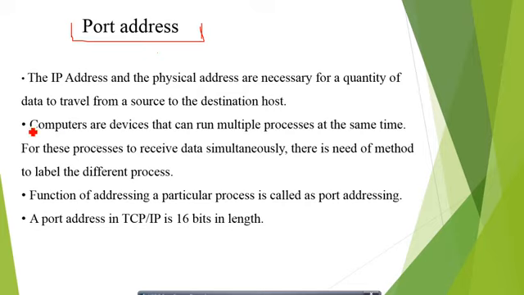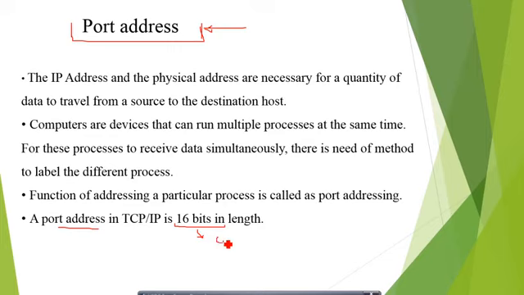That's why at the transport layer we call it process to process communication, because on one device there may be a number of processes running. Which particular port needs to be looked into for that particular process is decided with the port number itself.